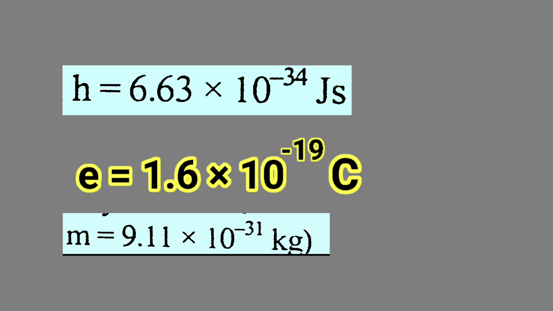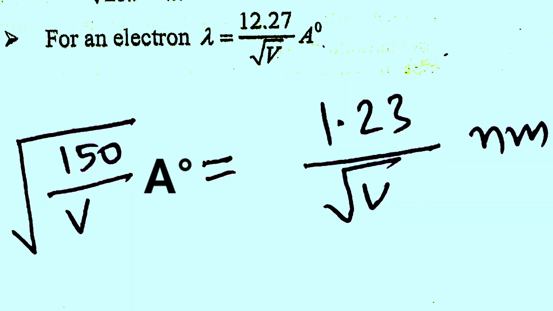If you substitute the h value, the charge of the electron and the mass of the electron in the above formula, then we get lambda is equal to 12.27 by root V Angstroms. Or we can write this expression as root over 150 by V Angstroms, or 1.23 by root V nanometers.